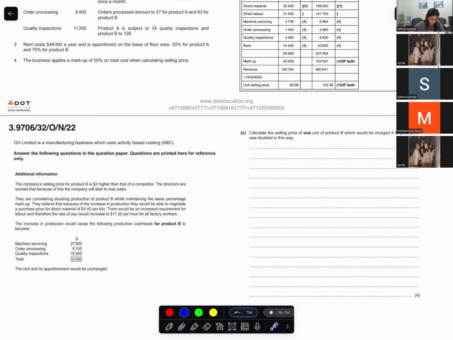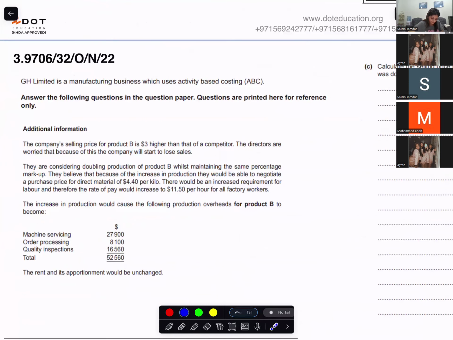They believe that because of the increase in production, they would be able to negotiate a purchase price for direct materials of 4.40 per kilo. There would be an increased requirement for labor, and therefore the rate of pay would increase to $11.50 per hour for all factory workers.